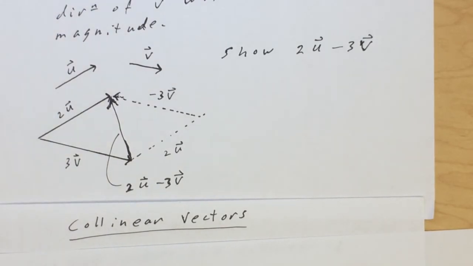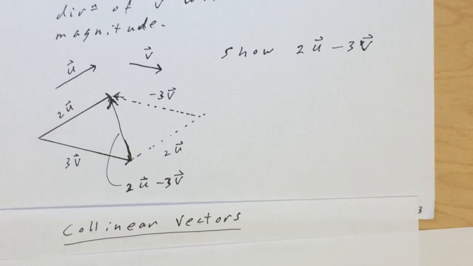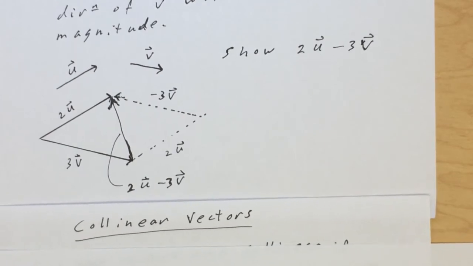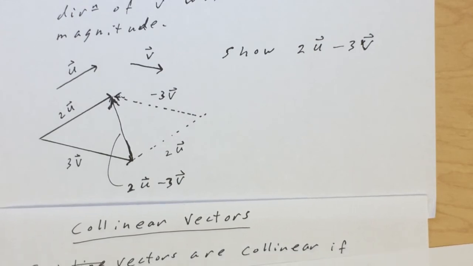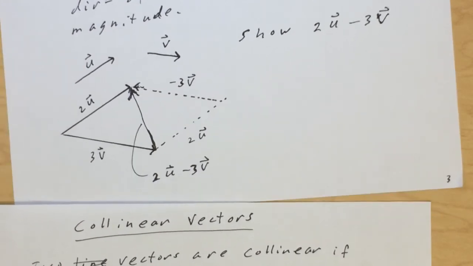Okay, two vectors are collinear. Kind of means they lie on the same line, right? Well, we have a vector definition for that. Because vectors don't really have a starting point, or don't have to have a specific starting point, for two vectors to be equal. We have this definition for collinear.